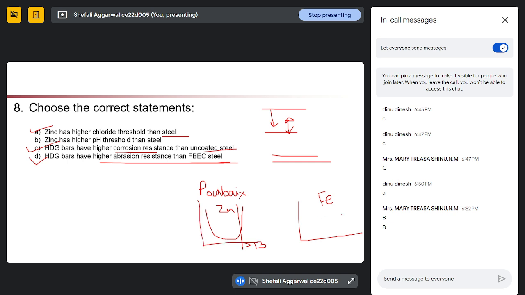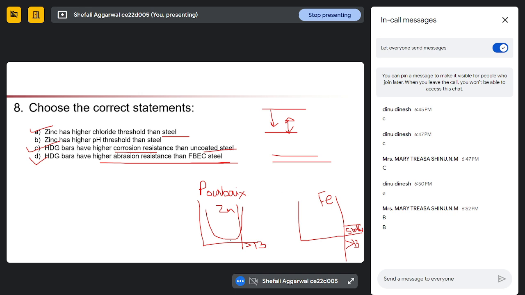So normally in iron, at a pH higher than 13, our concrete is in a stable state, or we can say a protective oxide film is formed on the iron surface.